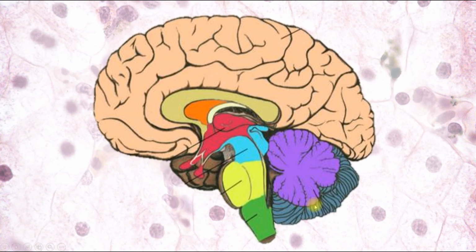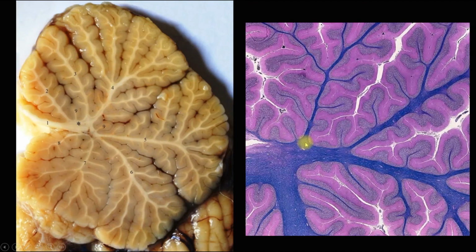Let's go to the next structure. It's the cerebellum. Here we can see it. What is the structure of the cerebellum? Here we can see a mid-sagittal section of the cerebellum, and it has numerous folds. They form the surface of the cerebellum, and it has a cortex like the cerebral hemispheres, and also white matter inside.